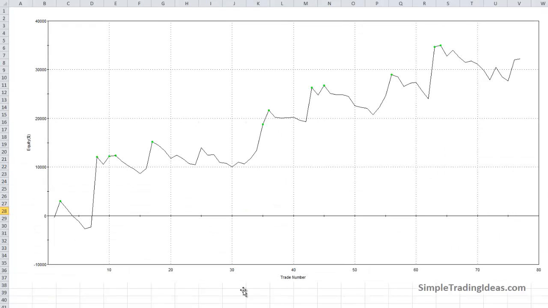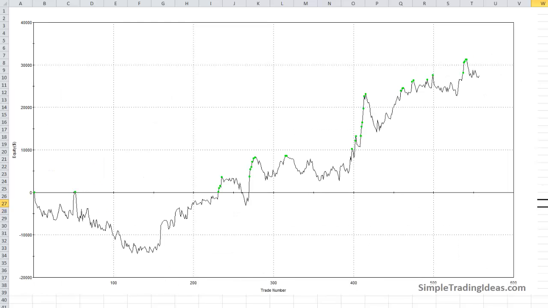And in our third system, look at our equity curve. Not nearly as many trades, right? But we have some nice equity peaks. And if we look here, our drawdowns don't seem to be as deep, which is another good thing. All right, so let's go back to our performance summary.